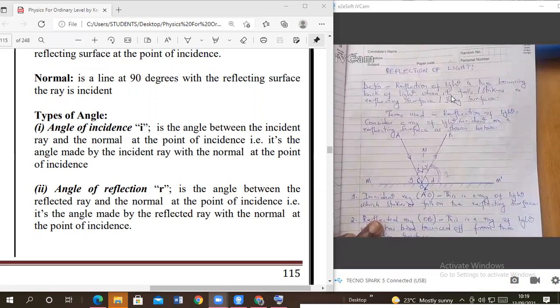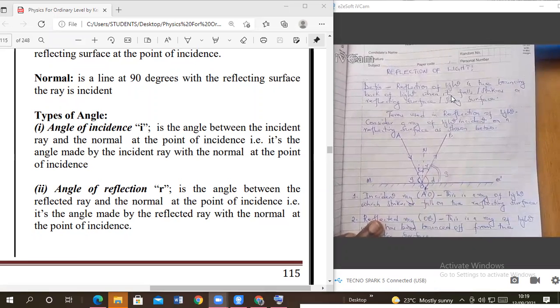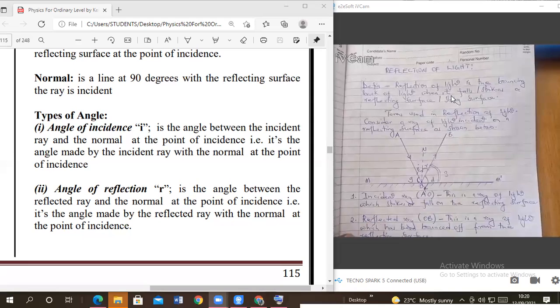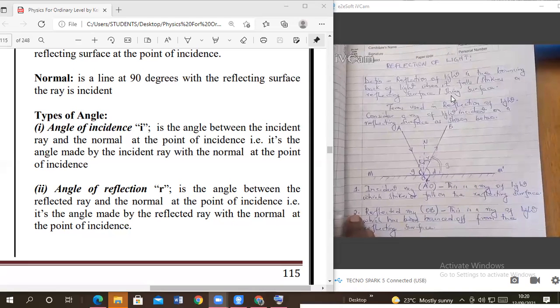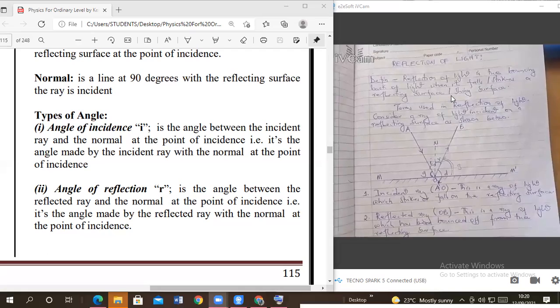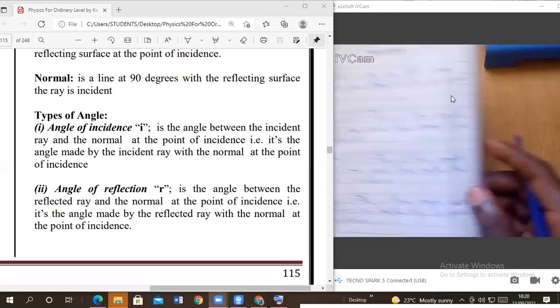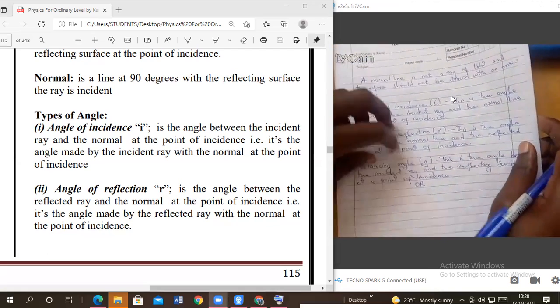If you remember your geometry very well, is it alternating or opposite? They are alternating, and we said alternating angles are always equal.